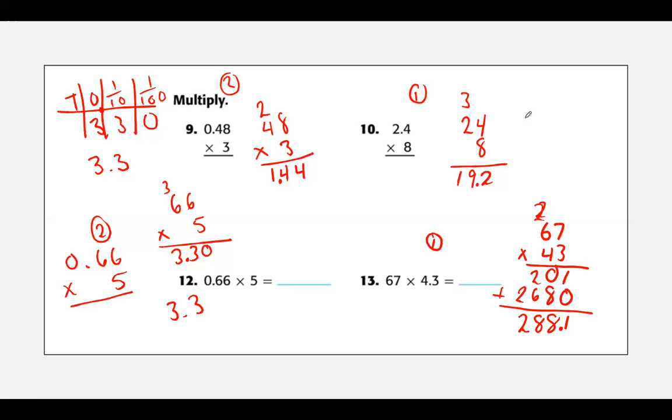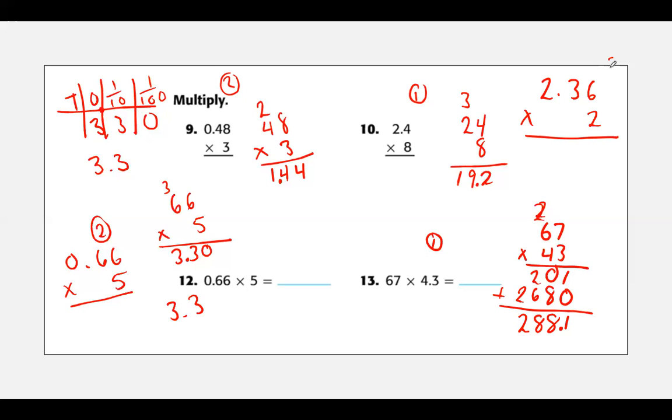Remember, the first thing that you do, let's do 2.36 times, I don't know, let's do 2. Okay, so the first thing that you're going to do is count the numbers that you have. How many do you have after the decimal point?